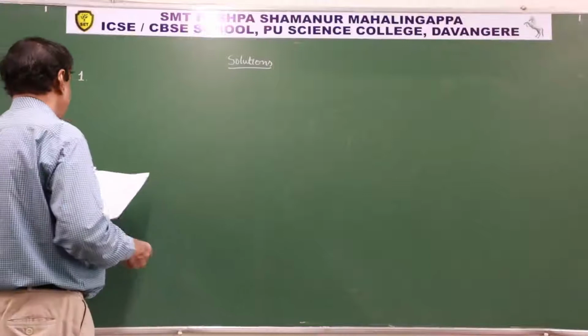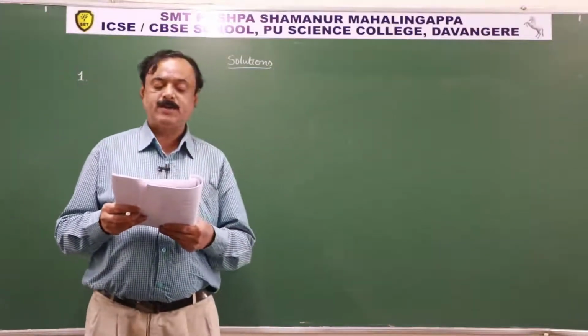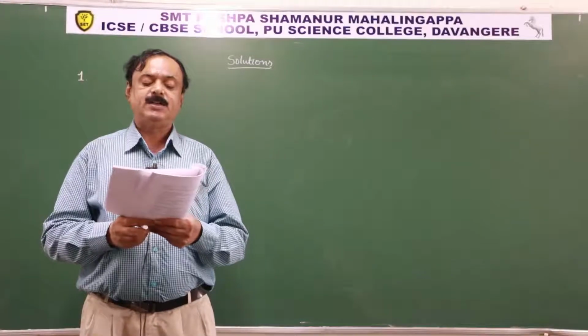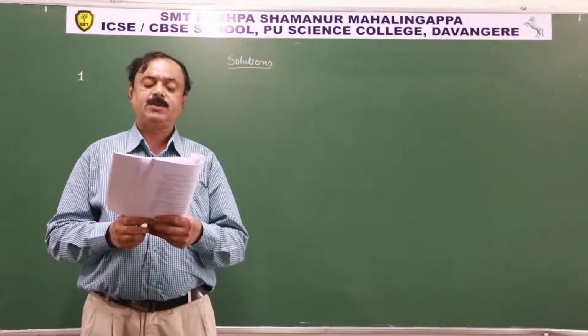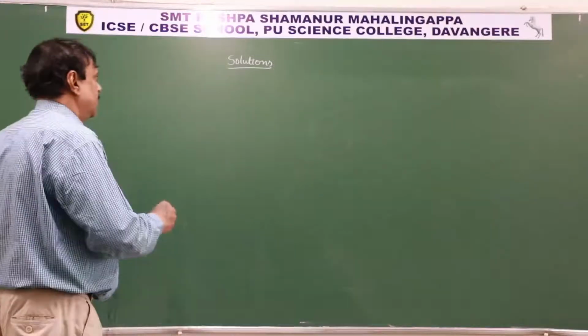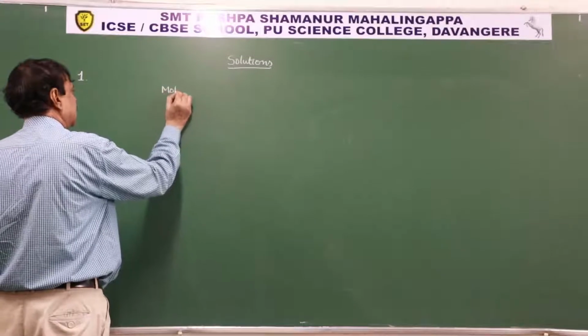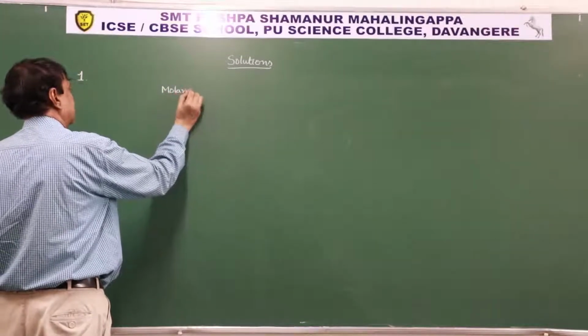Now the first question: 8 gram of sodium hydroxide is dissolved in 1 liter of the solution, then its molarity is equal to dash. The question is based upon molarity, so you should know the definition of molarity.